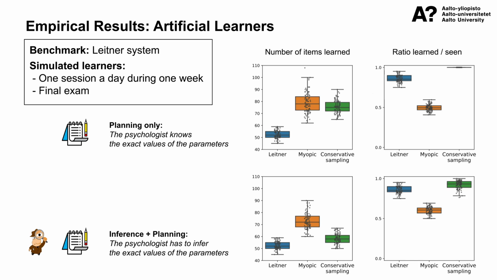However, we notice that the myopic planner suggests way more items than what the learner can memorize. The ratio of items learned over items seen is very low, especially compared to the baseline and to the conservative planner. Similar results are observed with real human learners.